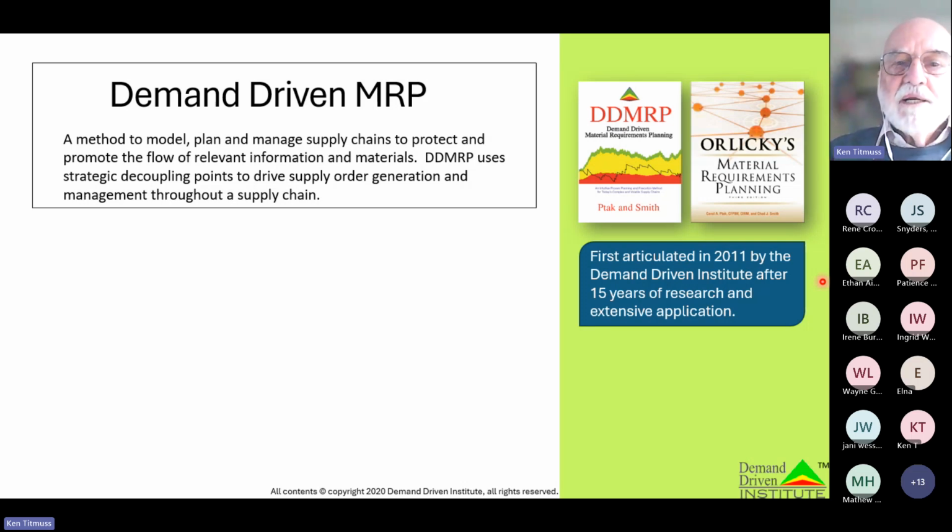I happened to be at an APICS conference in 2011 in America, and I went to listen to what Carol Ptak was talking about. I'd known Carol from around the turn of the century. She was the APICS president, and I'd been president of SAPICS here in South Africa, and the APICS presidents loved coming out here. So I'd met her around the year 2000, and then I saw she was on the speaker list. So I thought, let me go and listen to Carol.